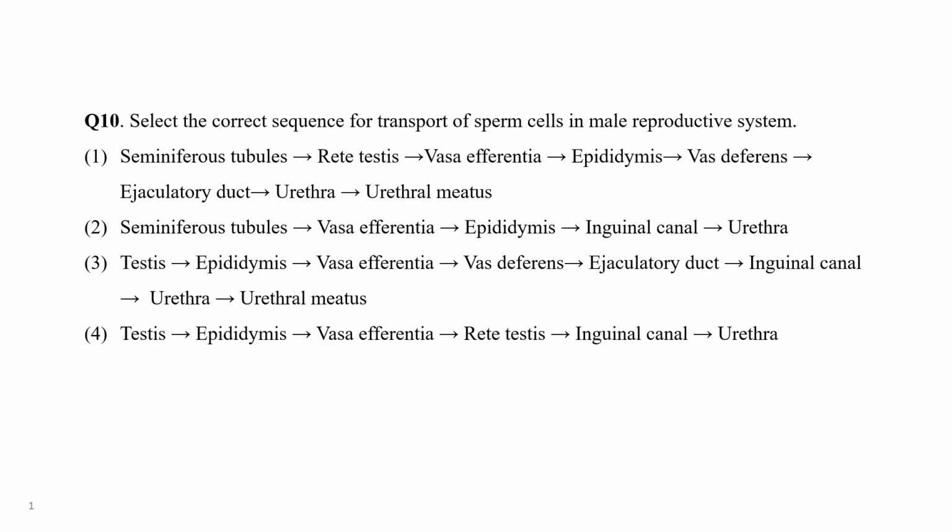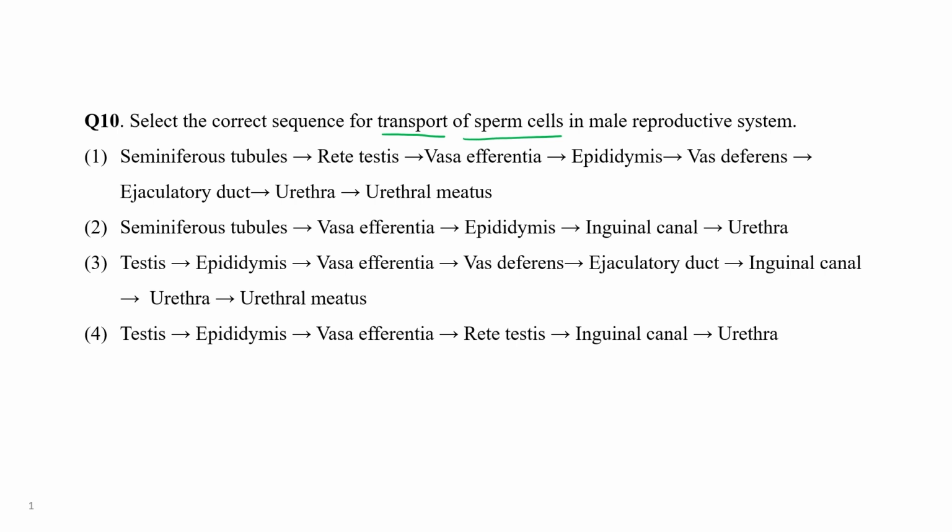Next, select the correct sequence for transport of sperm cell in the male reproductive system. We have discussed the male reproductive system, and there are many ducts, right? We have to arrange all of them in the correct order.